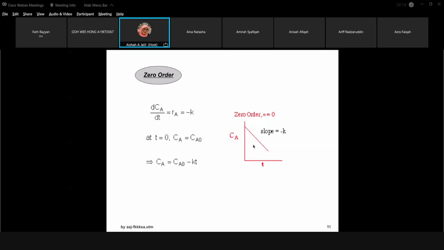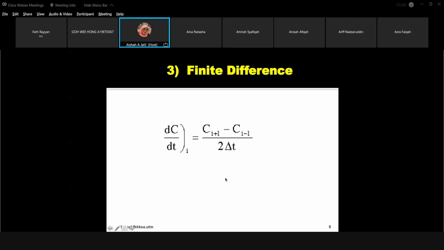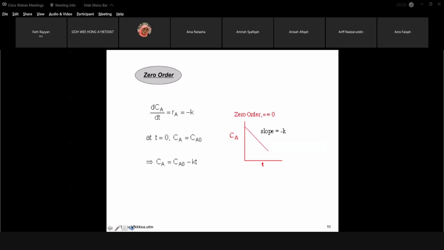If you get a curve that is not linear, then your assumption that it is zero order is incorrect. So when you do not get a straight line, you have to go for the next assumption, that is first order.